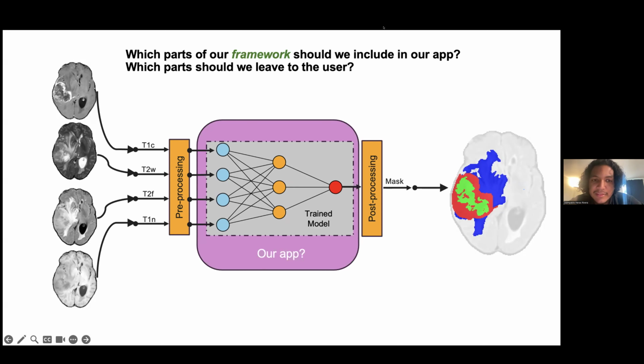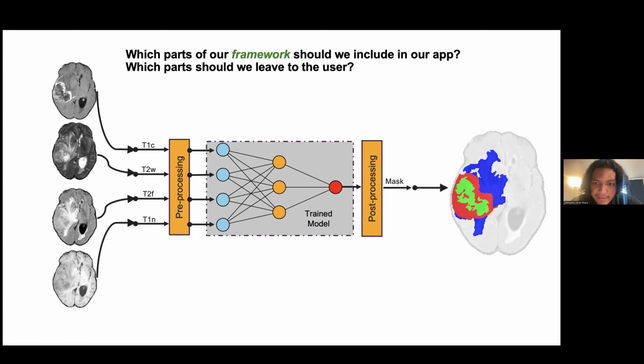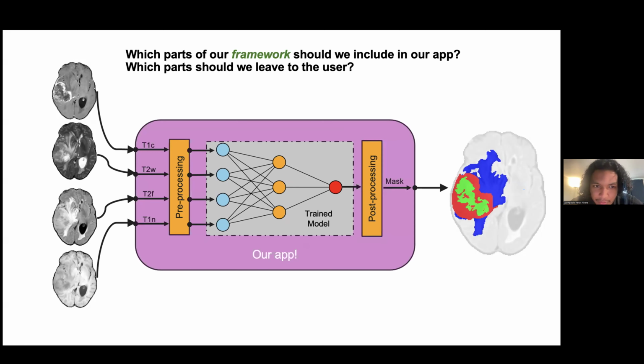So this isn't really a good place to wrap our app. The actual place where our app should go is around pretty much the entire process. The user should only have to work on inputs and get outputs. I think somebody said this in the chat. Yep, exactly. The pre-processing, trained model, and post-processing should be our framework. Exactly.